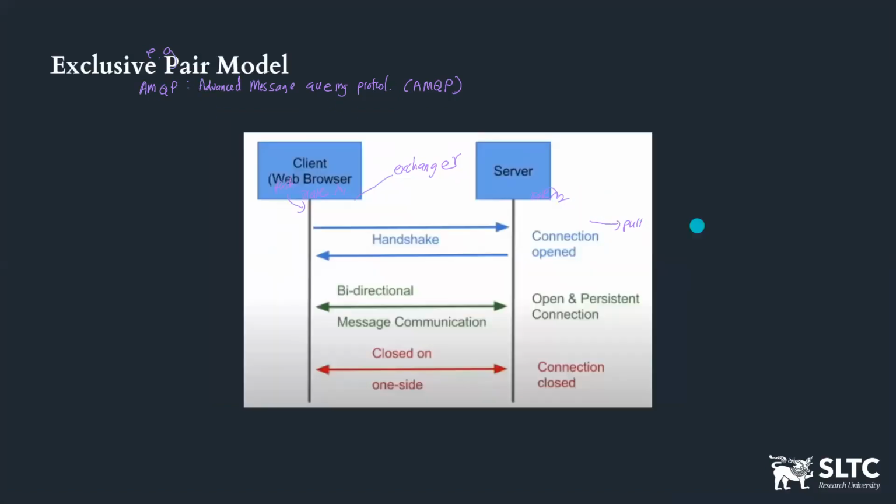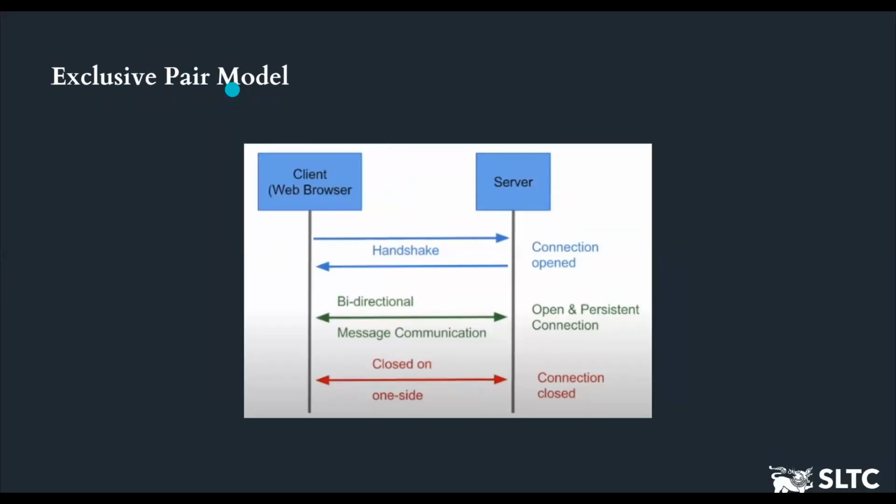Then another communication model is the exclusive pair model. An exclusive pair model is a communication model that initiates a communication and keeps it alive for a very long duration. One of the example protocols for this is the WebSocket protocol. The WebSocket protocol uses a communication model related to the exclusive pair.